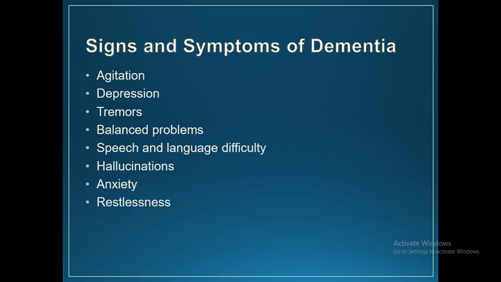One thing you can understand with these neurocognitive disorders, or neurological related psychiatric disorders, as we mentioned at the very beginning, is that these occur in later stages of our life. What we should remember is that dementia doesn't cause memory loss alone, it causes other symptoms as well, like agitation, depression, tremor, balance problems.